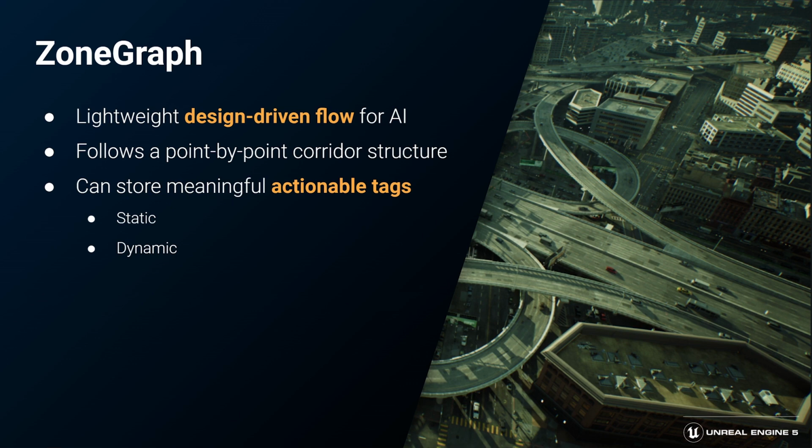The Zone Graph is a lightweight design-driven flow for AI, which for the context of The Matrix Awakens demo, replaced our need for an AI nav mesh. It is an ecosystem of point-by-point corridor structures connected by intersections. It also stored actionable tags that can be either static, such as identifying a pedestrian from a traffic lane, or dynamic, such as an open or a closed lane, that will later be useful to dictate our AI behaviors.